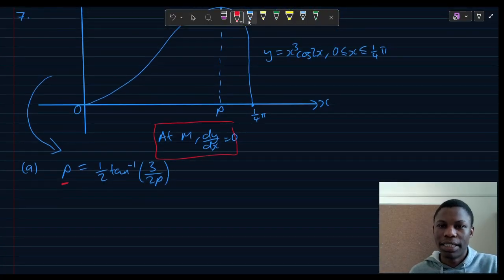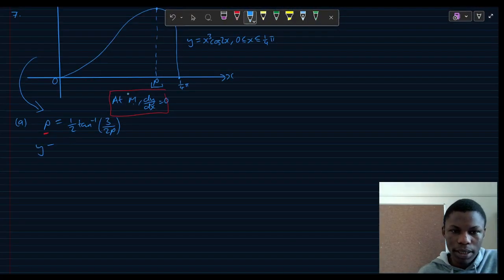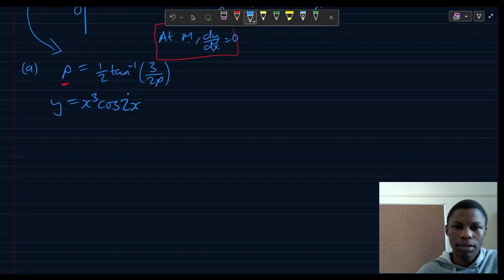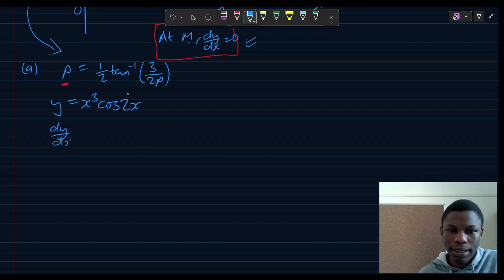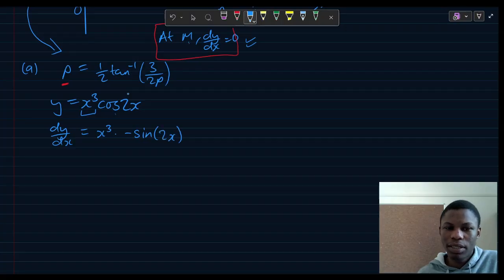Let's just start by finding our dy/dx. So we have that y is x cubed cos 2x. And because we're following this idea, we need to find dy/dx. So this is a product. So hold the x cubed first, then differentiate the other function. If you differentiate cos 2x, you differentiate cos, you get negative sine, so negative sine 2x. And then because this also has a function inside of it, you have to differentiate the inner function.